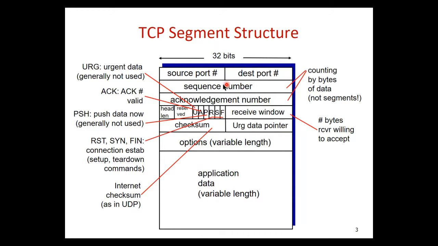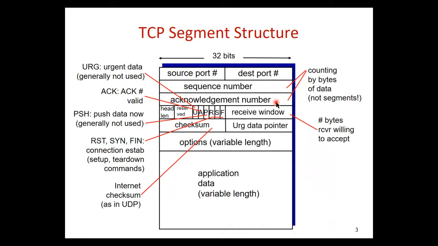Now, in the case of TCP, the sequence number does not count the packets, but it counts the bytes. We'll get back to that later.